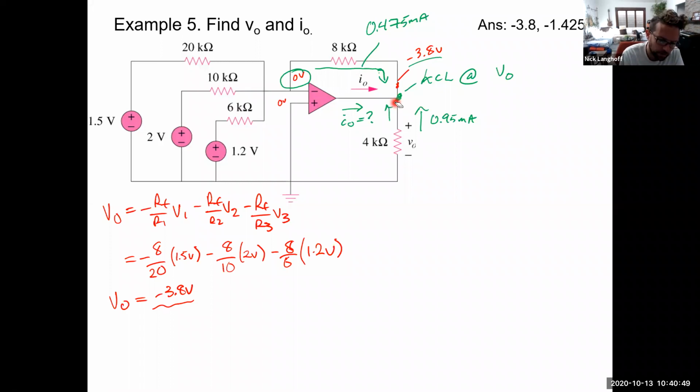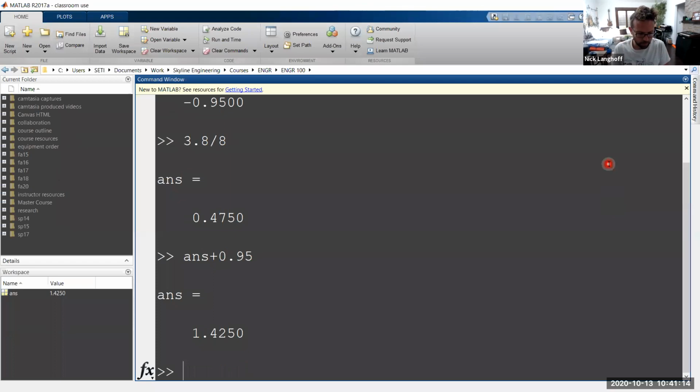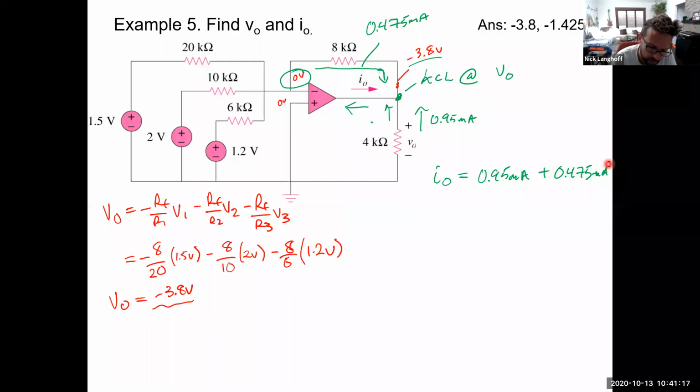So I out must actually be going the other direction, right? The magnitude of it is going to the left, this 0.95 milliamps plus 0.475 milliamps. When you add those together, we get 1.425.